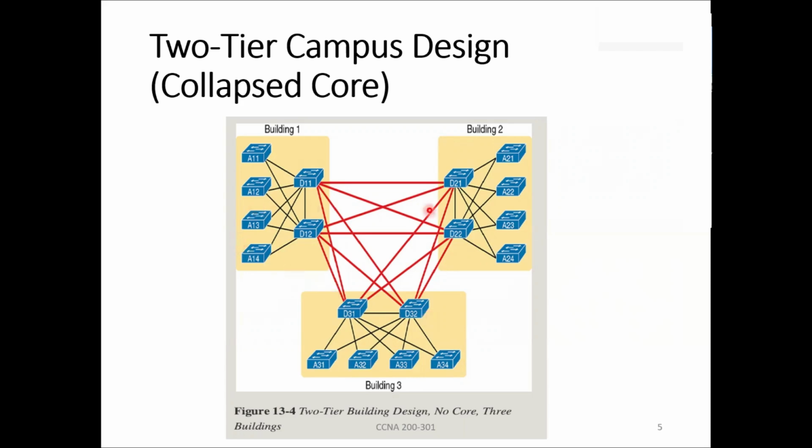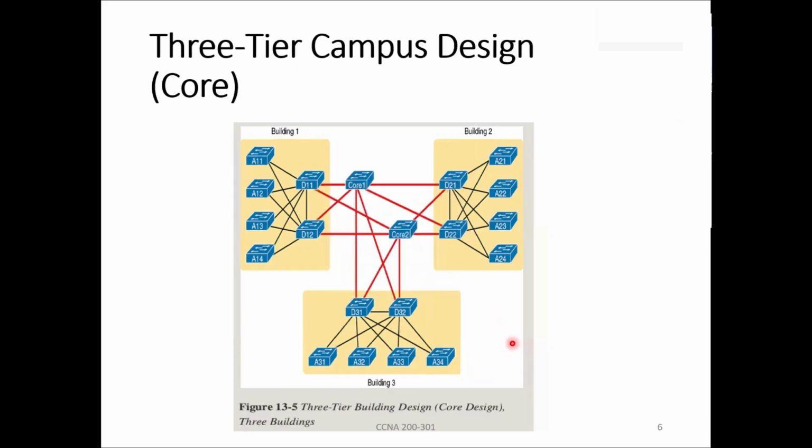They may have multiple buildings like that, and all the buildings connect with each other in this way. Let's say all the distribution layer switches have connectivity with each other. This is one kind of design where we don't have any core layer switch. We have access layer switches and distribution layer switches.